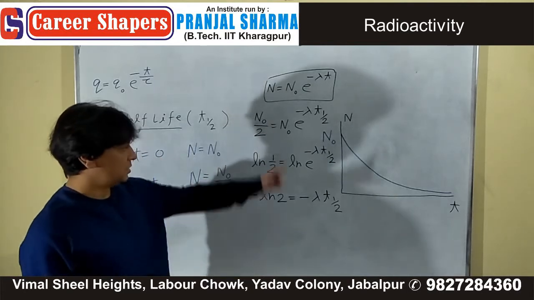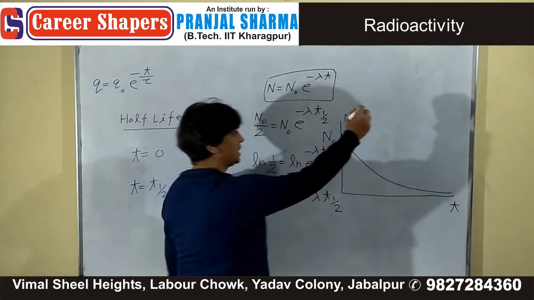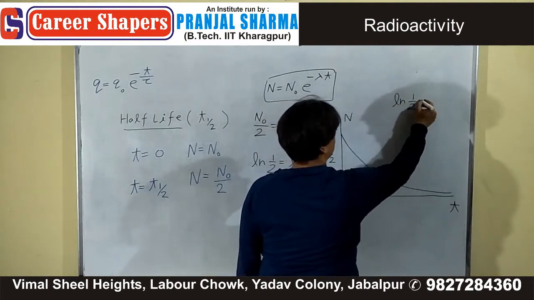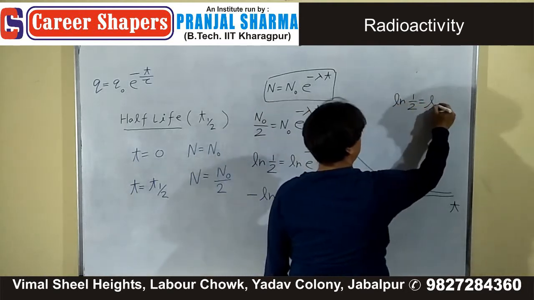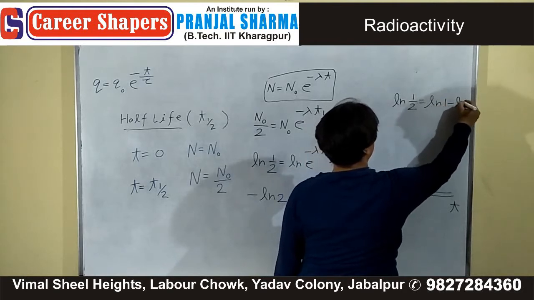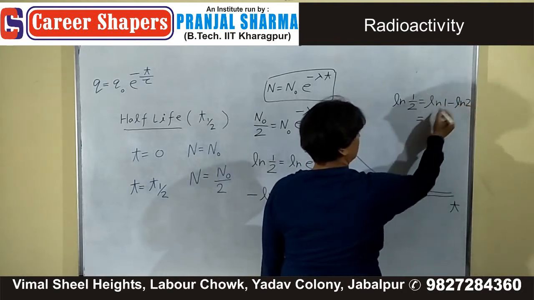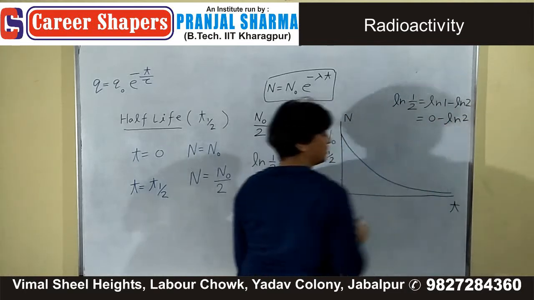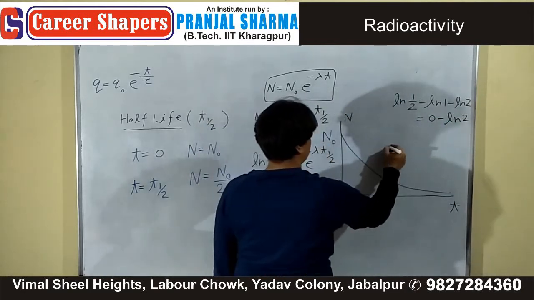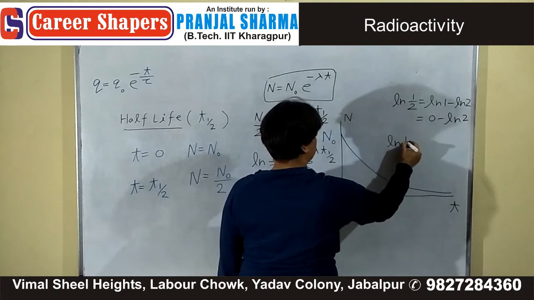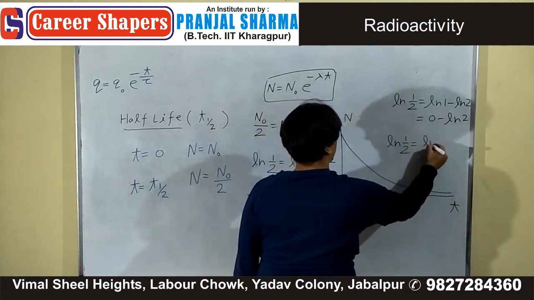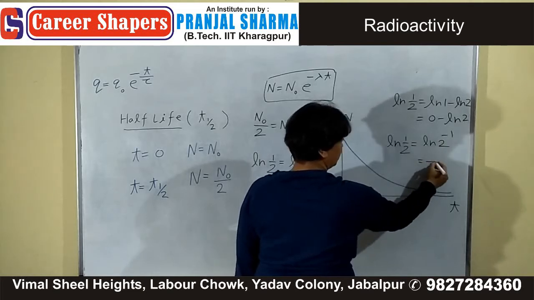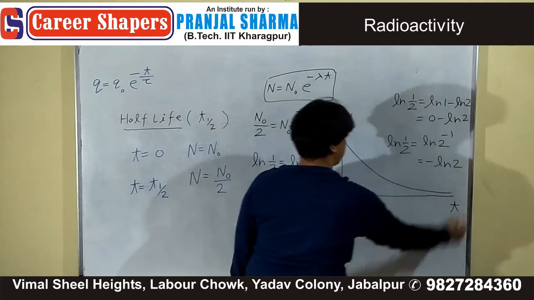For bio people, look here. Log 1 by 2, you can write it as log 1 minus log 2. Log 1 is 0, that gives you minus of log 2. Or log 1 by 2 is log of 2 to the power minus 1, and you can move this power as coefficient, that gives you minus of log 2.